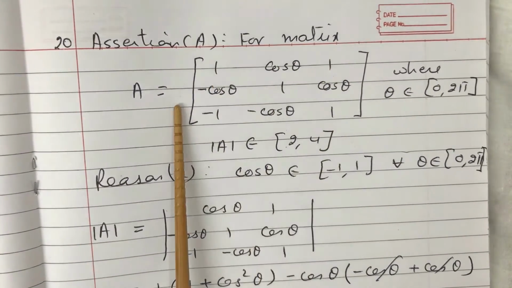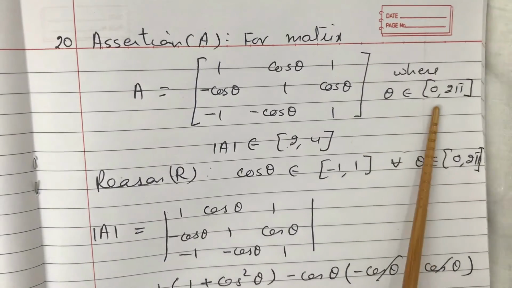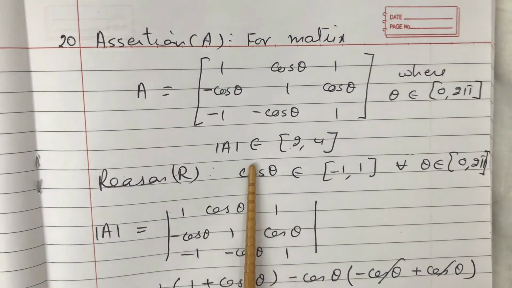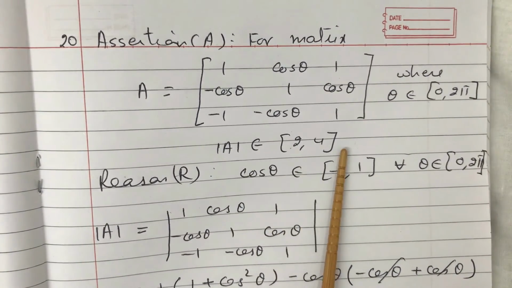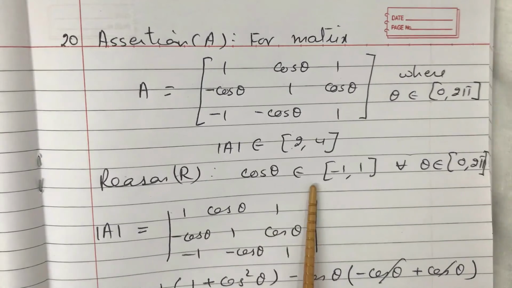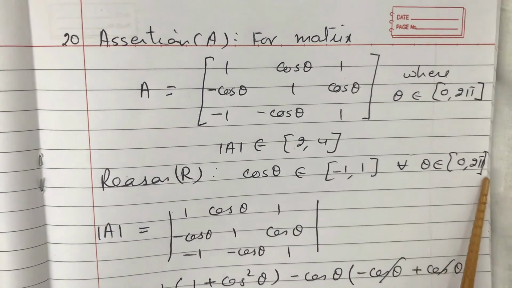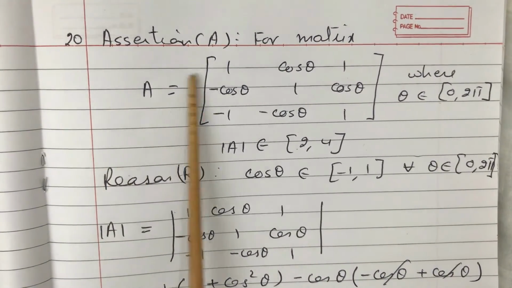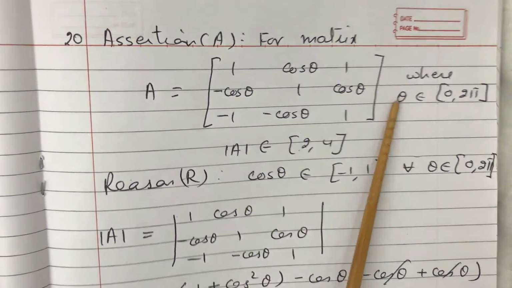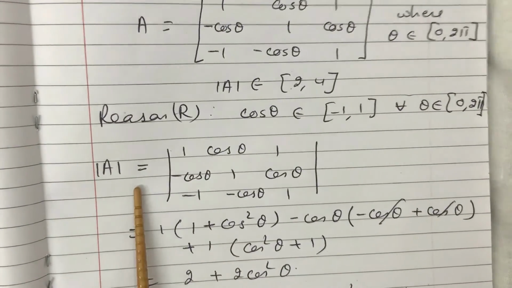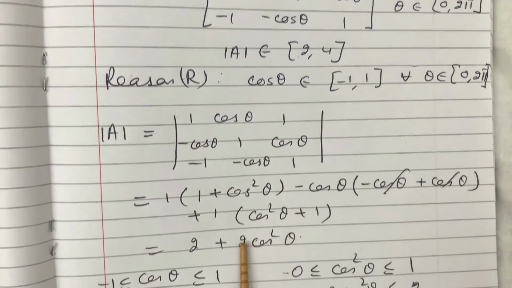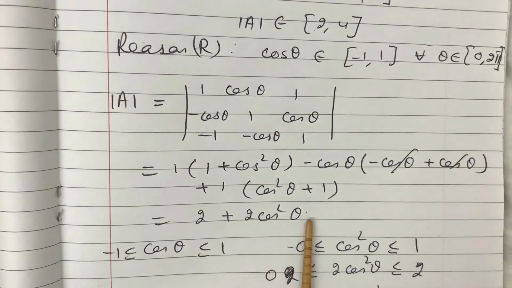Now the 20th question. Assertion A: for the matrix A, where theta belongs to 0 to 2 pi, determinant of A belongs to 2 to 4. Reason R: cos theta belongs to minus 1 to 1 for every theta belongs to 0 to 2 pi. First I'll check whether assertion A is true or false. For that, first find the determinant of A, which comes out to be 2 plus 2 cos square theta.